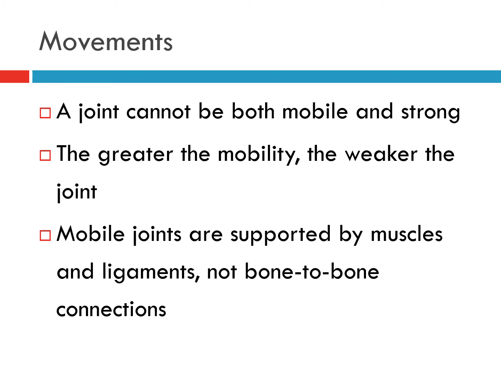There are lots of ligaments holding it together, but there are no bone-to-bone connections in the shoulder especially. You can pull a shoulder, like the humerus, right off the body. So there's nothing bony holding it together there.